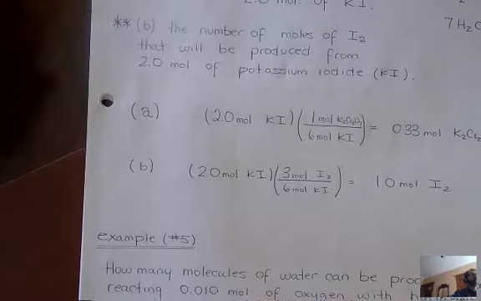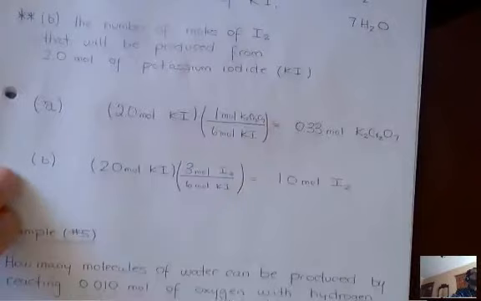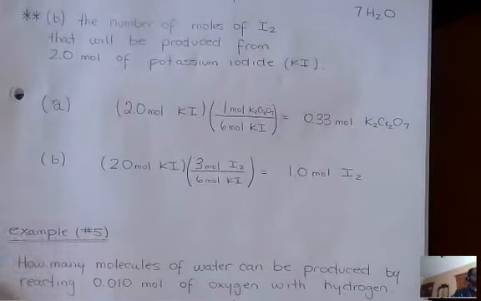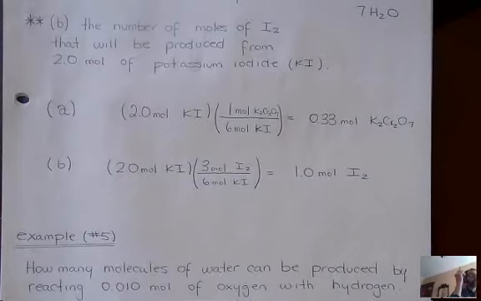Okay, here's example 5. Example 5 comes from a completely different reaction. We can do this in one step or two steps. I'll follow the direction here. I'll do it in two steps first, and then we'll do it in one step. So let's read the question.